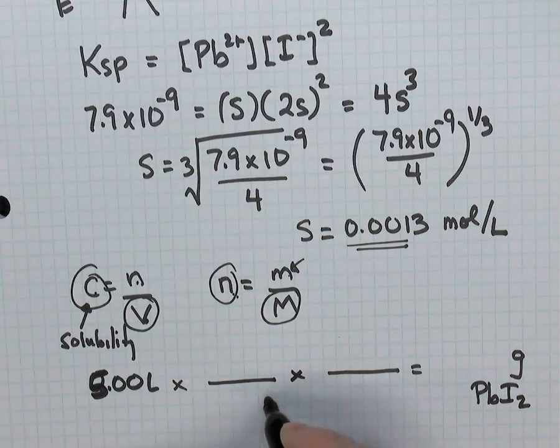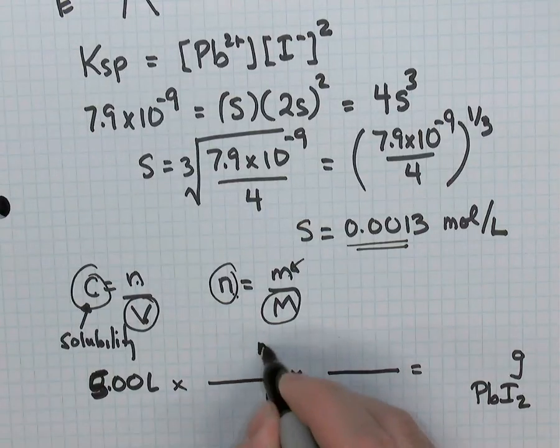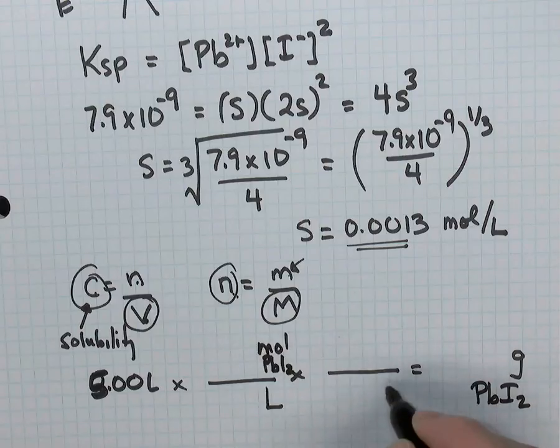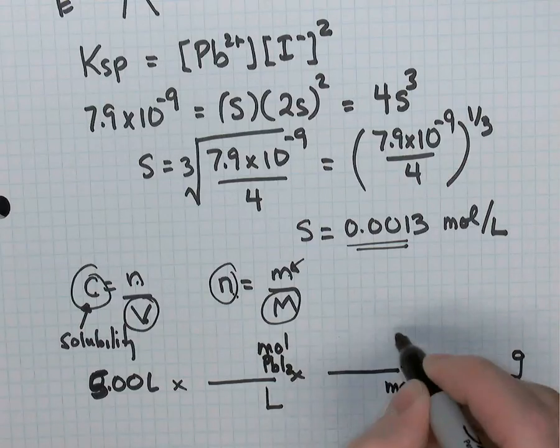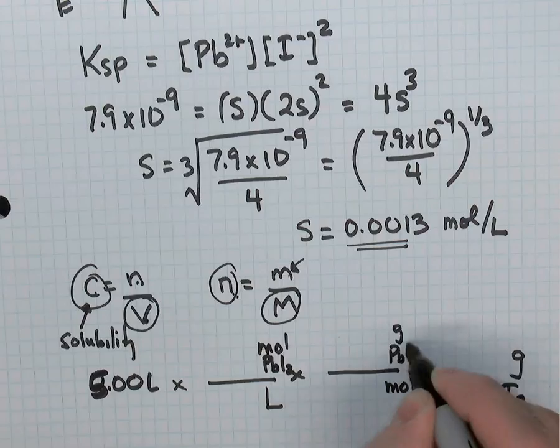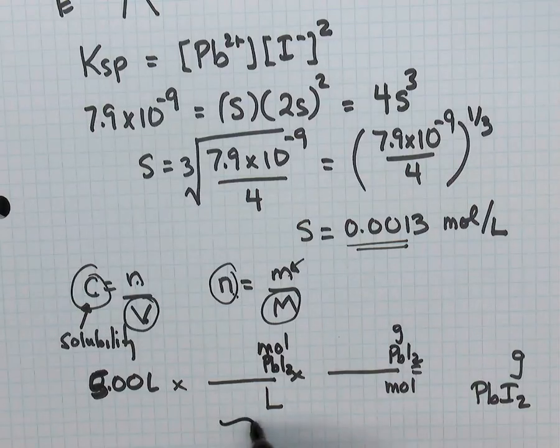The first multiplier will convert my liters to moles of PbI2, and the second one will convert the moles to grams of PbI2. The first multiplier is my solubility. The second multiplier is my molar mass of PbI2.